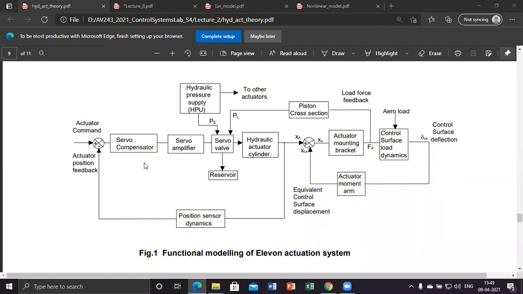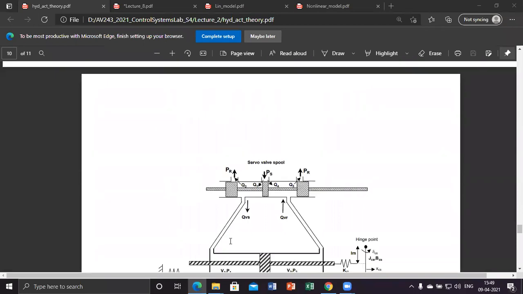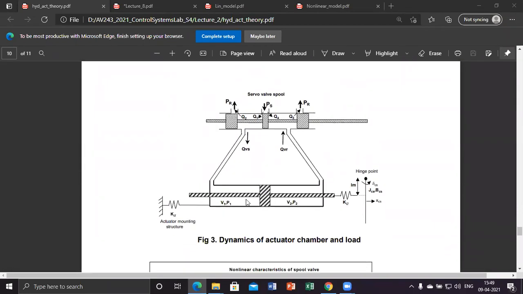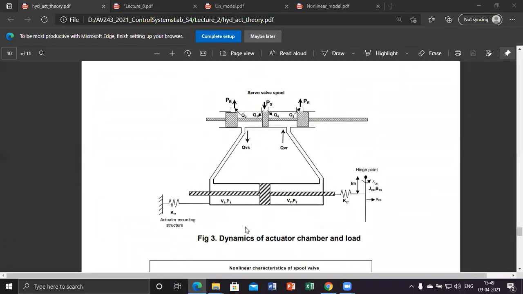Then from the actuator control point of view, XA is the one which is sensed by the internal position sensor of the actuator. There is an actuator unit, and this actuator unit as such is controlled locally by the actuation control loop. That's what we are studying now. For that purpose, we have to sense the relative movement of the actuator piston with the cylinder.